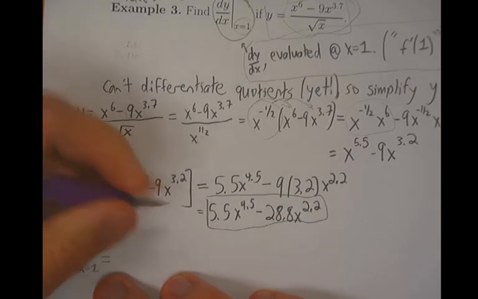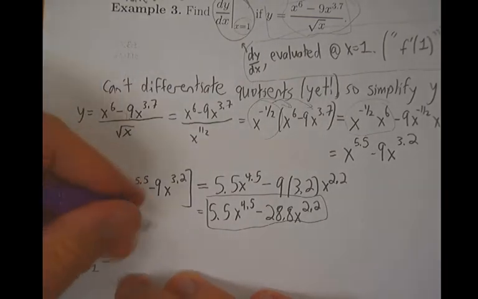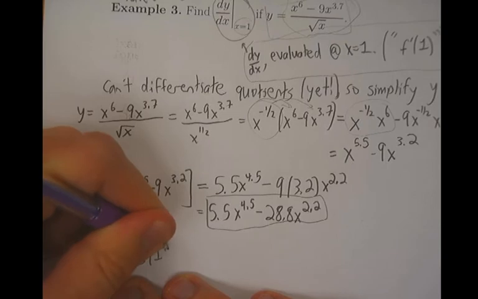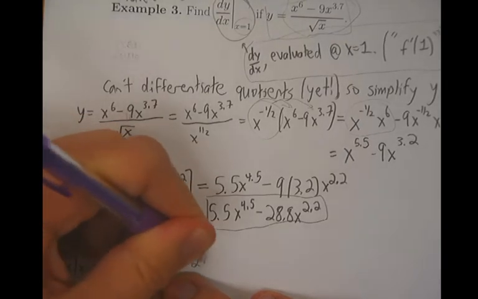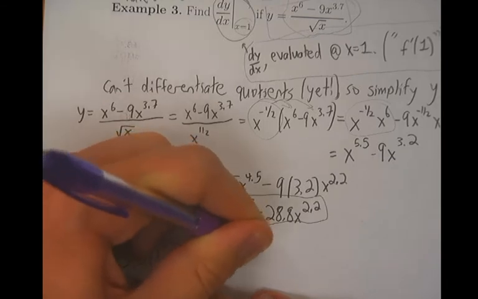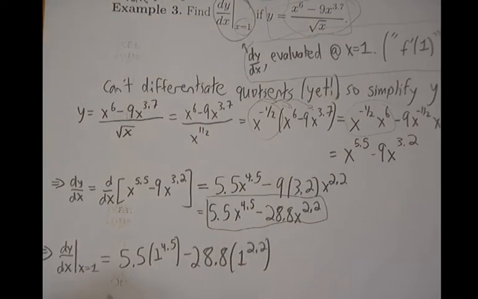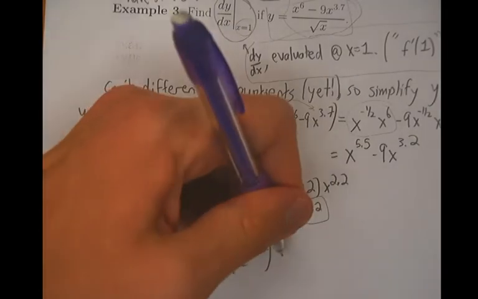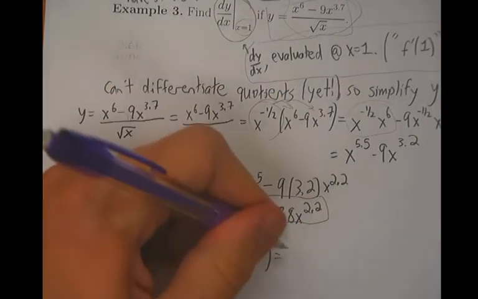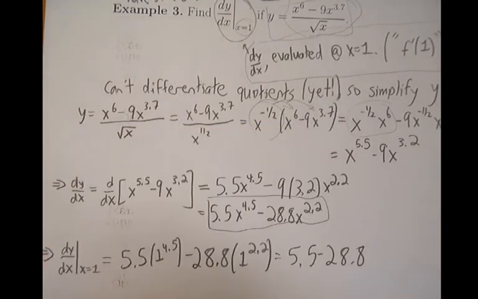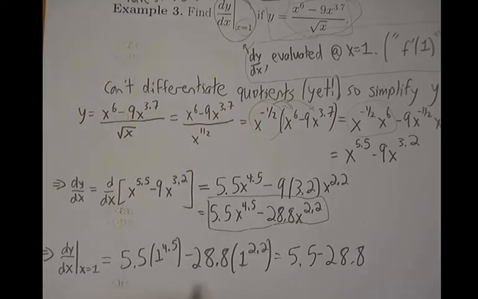All we do is let x equal 1 in here to get 5.5 times 1 to the 4.5 minus 28.8 times 1 to the 2.2. The good news is that 1 to the anything is just 1. So we just end up with 5.5 minus 28.8 as a somewhat more simplified form.